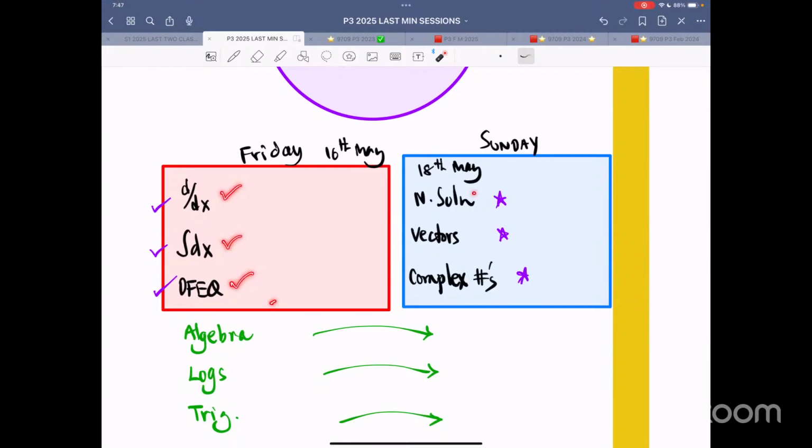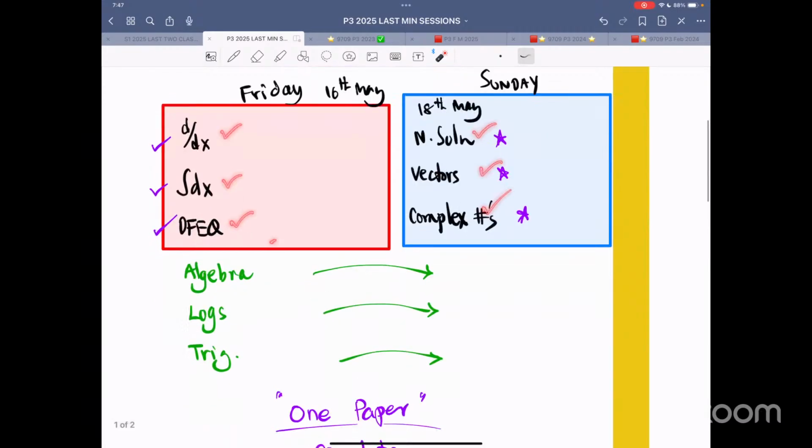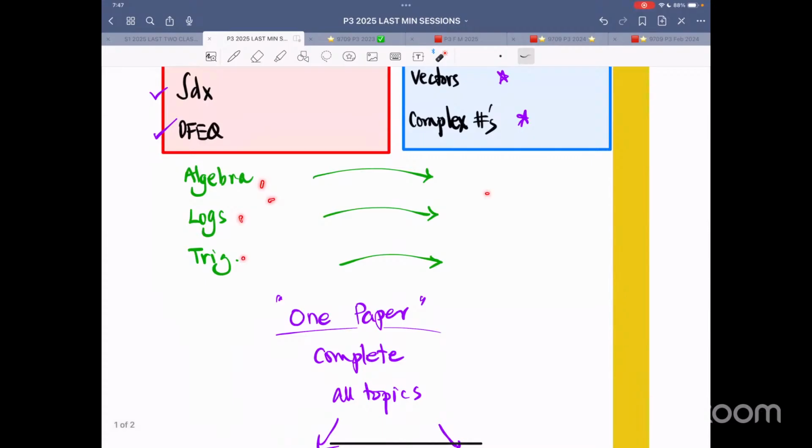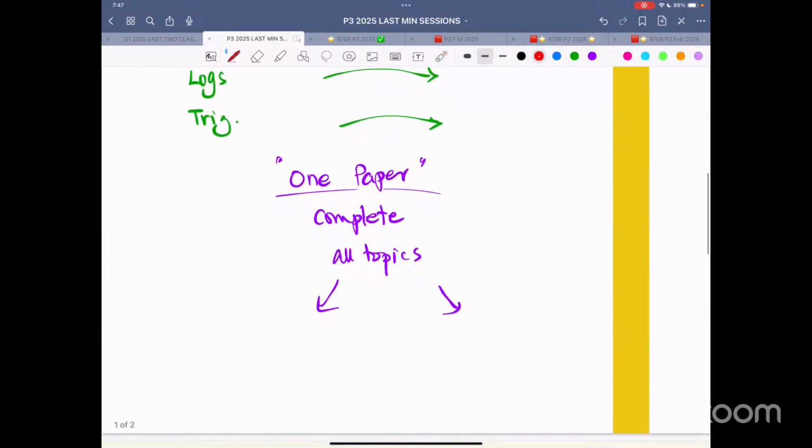That is today. On Sunday, I want to focus on this thing. Algebra, log, trig could be on either side. But first, I'm doing one paper completely. And which paper is this? This is May, June 2024, variant 31. This I'm doing complete. And then further questions, I'll do topically.